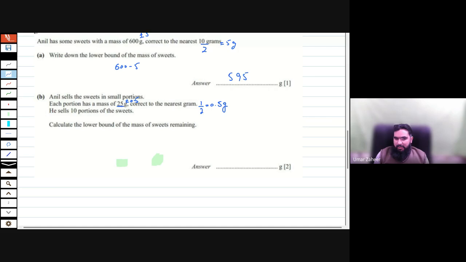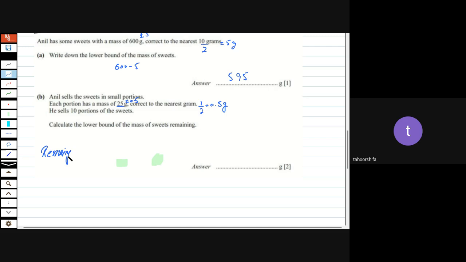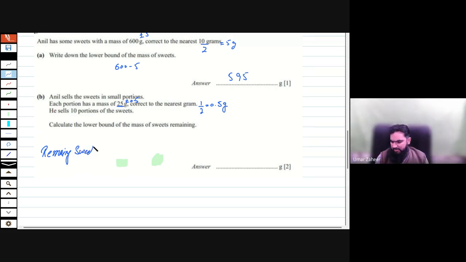First of all, forget about the bounds. Just find the basic formula. We have to find the lower bound of the mass, but forget about bounds. Just use a simple formula. You have to find the remaining sweets. So the remaining sweets is equal to the total mass of the sweets minus the mass of 10 portions of 25 grams.